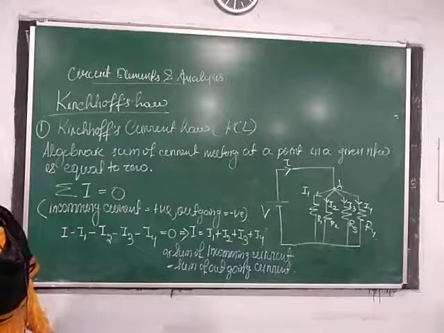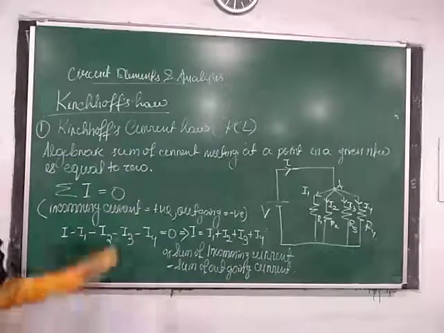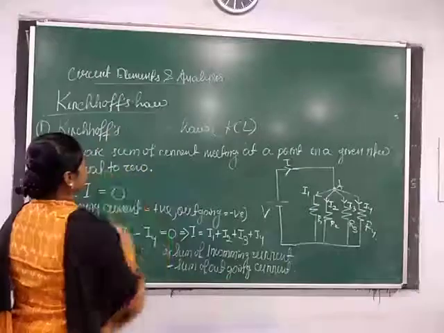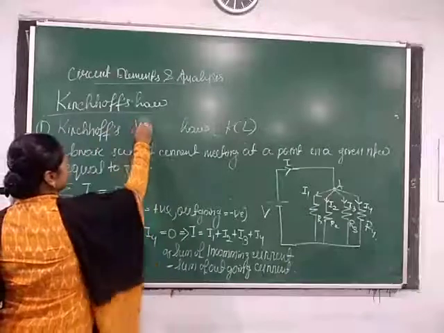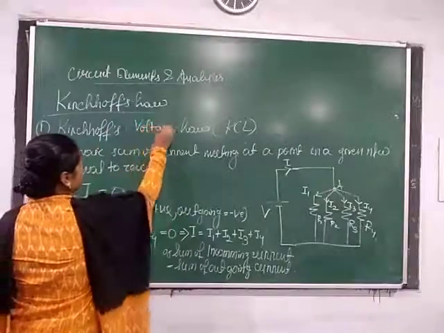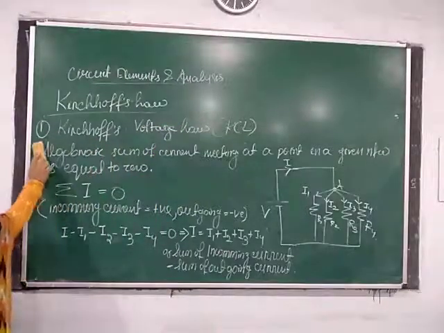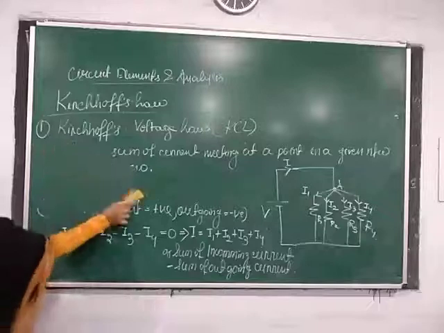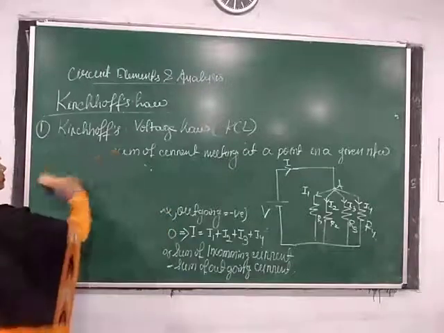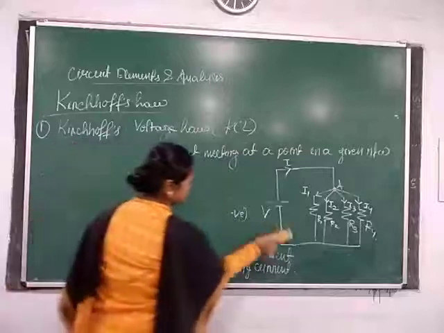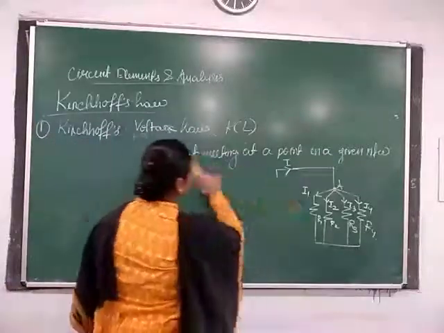Next we go for voltage law, known as Kirchhoff's voltage law. In Kirchhoff's current law, you see algebraic sum of current at a point is 0.